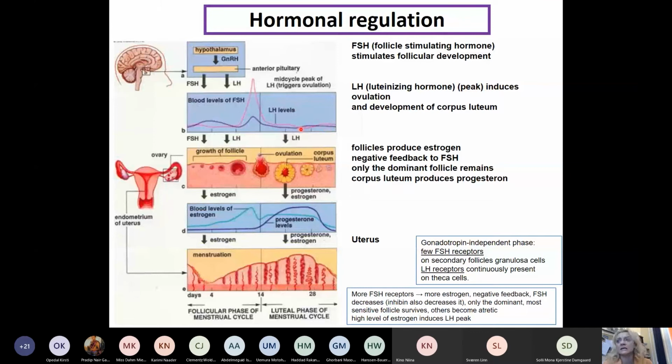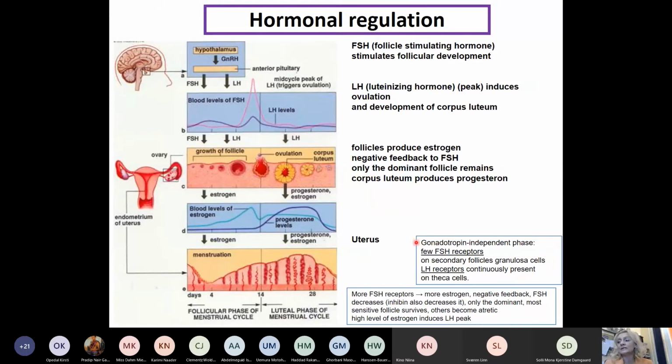So that's easy. FSH has a smaller peak at the same time, but you see it goes up and then down. Why is this up and down and again a peak? Because in the beginning, the follicles grow independently. I will mention it again later.